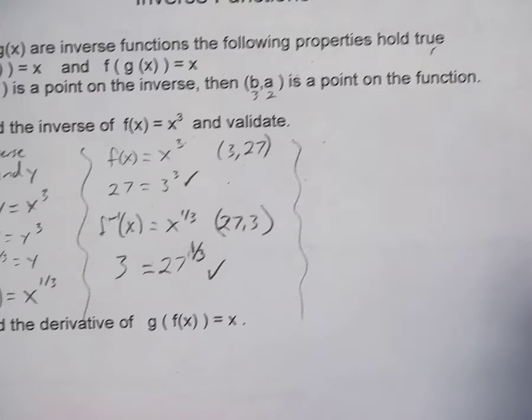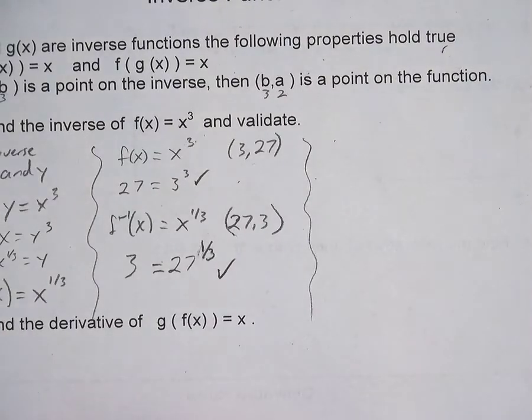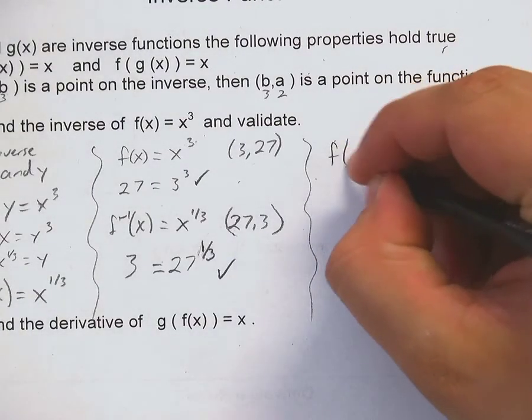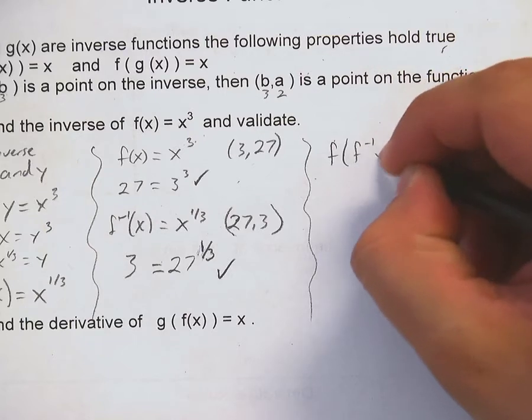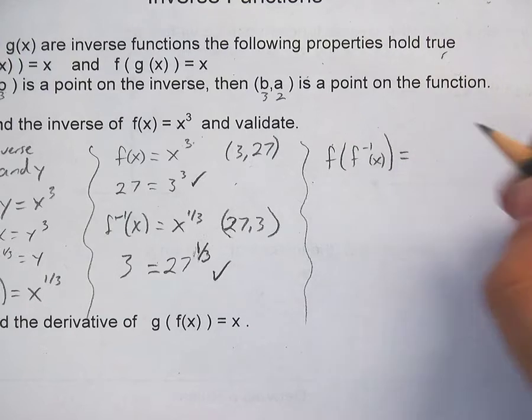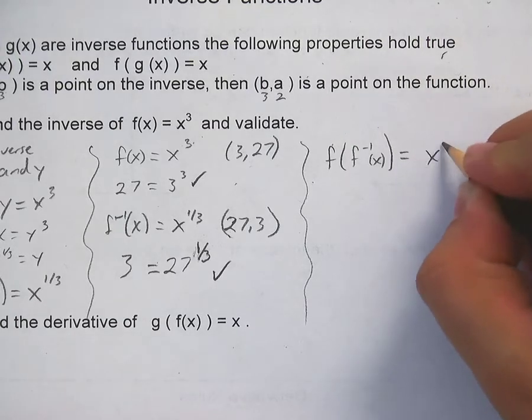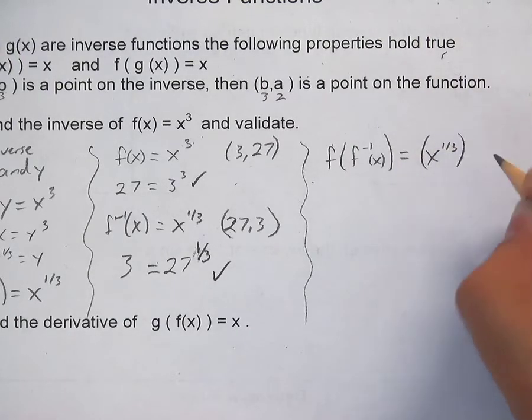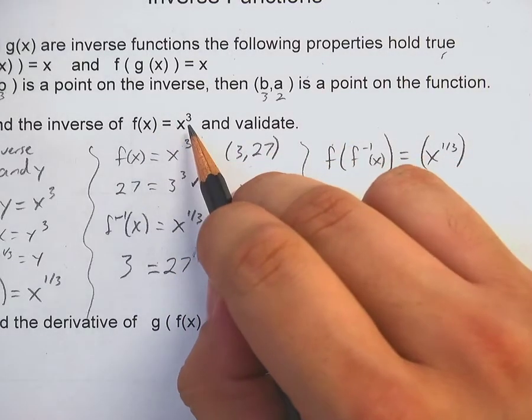And then you can validate by plugging one equation into the other. In other words, take f and plug in the inverse. Well, if that's the case, the inverse is x to the 1/3, and you're putting it into x to the 3rd.